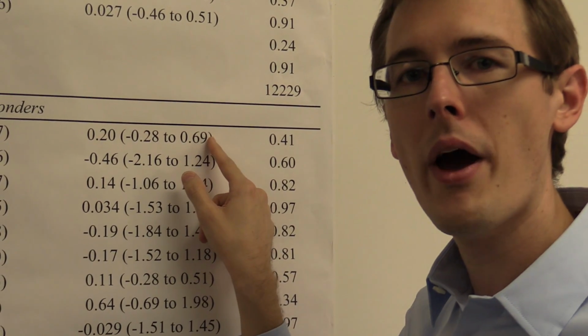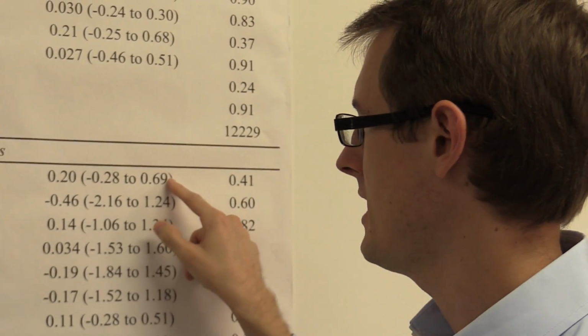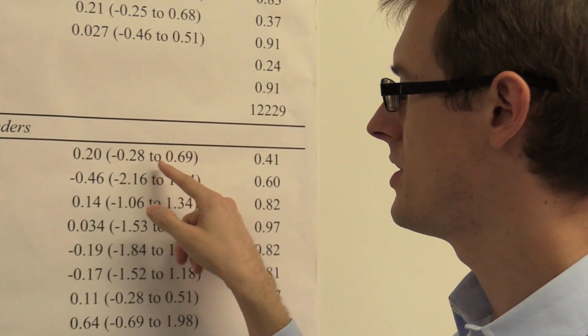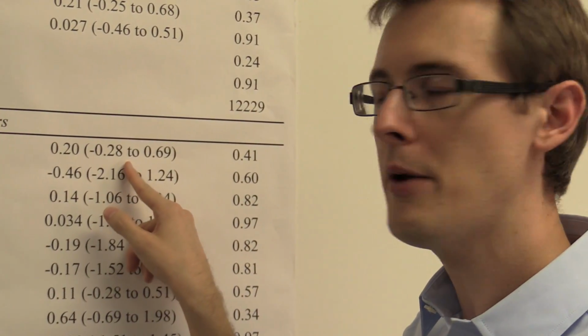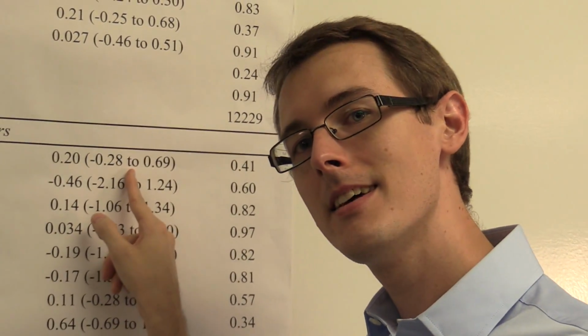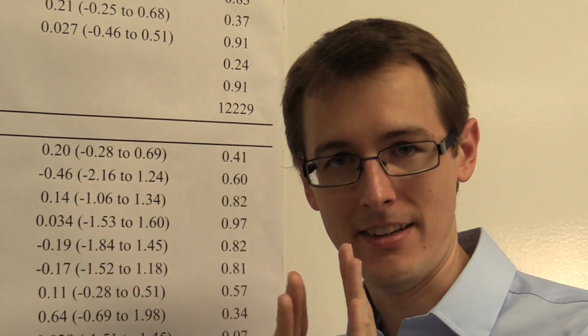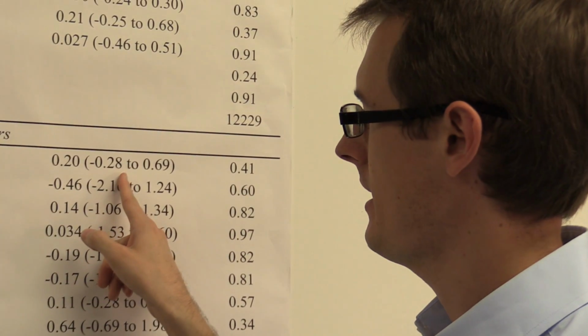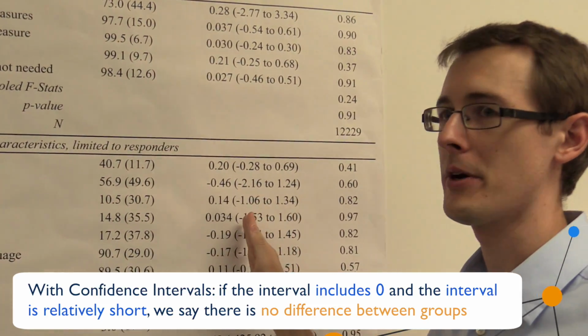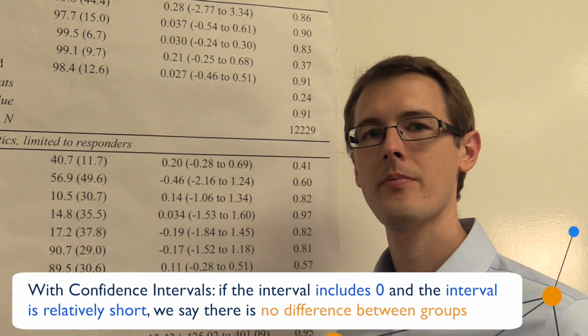Now remember, the way you want to interpret these intervals is basically two things. If the interval includes 0, and the interval is very, very tiny, then we say that there's no difference between the control group and the treatment group in their age.